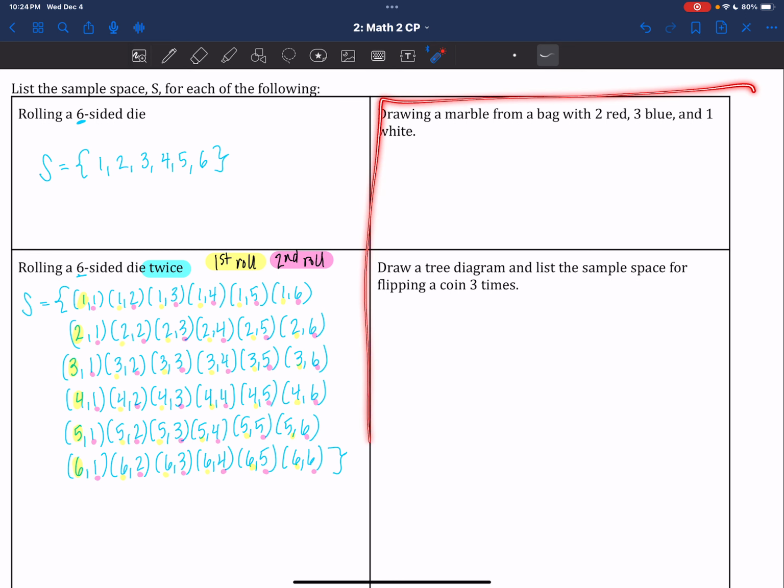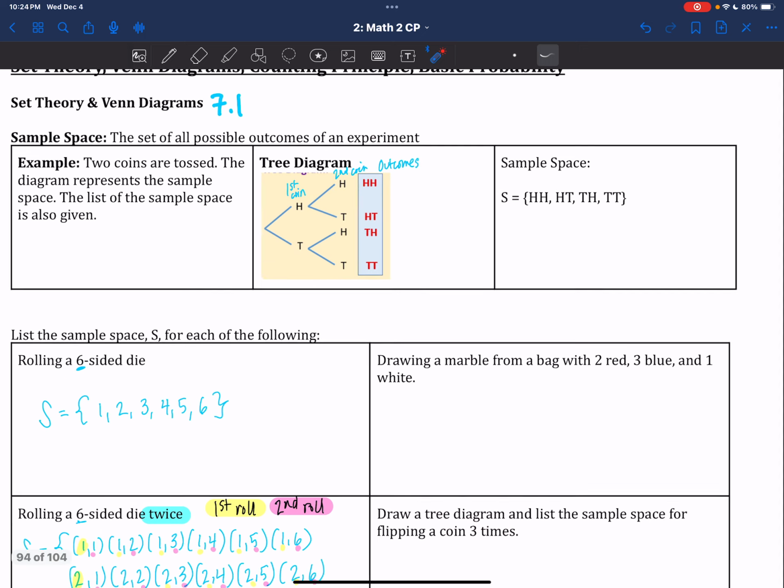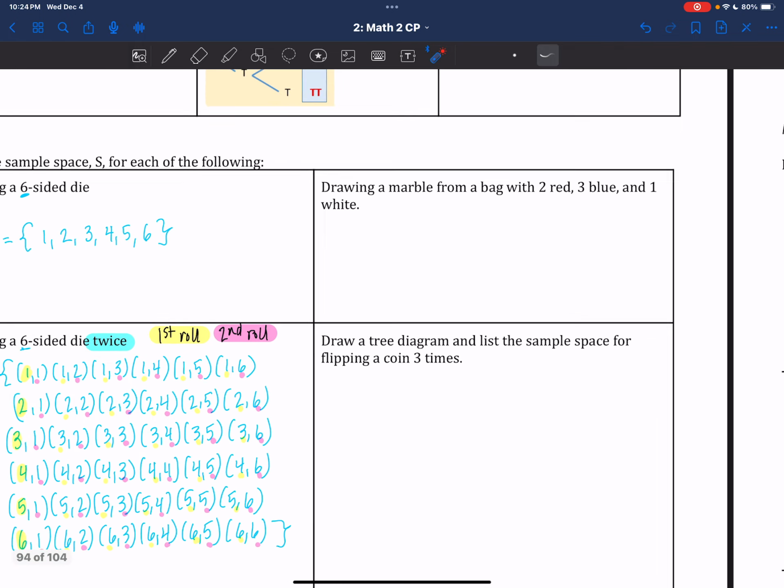So what you're going to try is you're going to do these two. It says drawing a marble from a bag with 2 red, 3 blue, and 1 white. So think of any marble from the total bag. What would be all the options? You would go ahead and list what your sample space is. Now this one says to draw a tree diagram. This is a tree diagram. It's the branches.